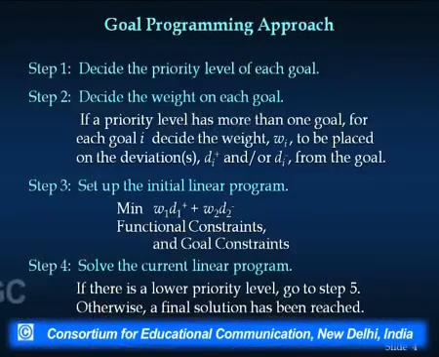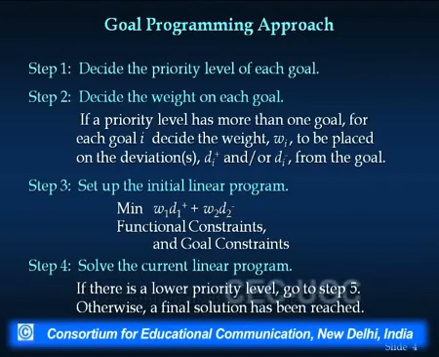Getting a solution to the problem, how to formulate it? First and foremost thing is formulation of the problem. Here we are discussing goal programming problem, so we have to formulate the goal programming problem. First step, decide the priority level of each goal. When the level has been decided, we will move on to step number 2. Decide the weight on each goal. What is the priority being given?